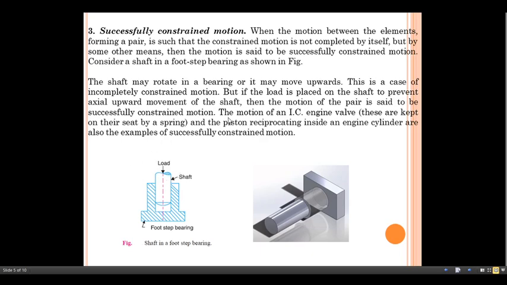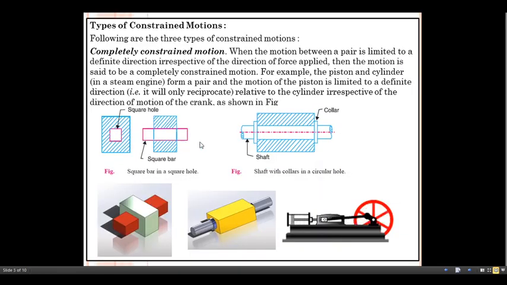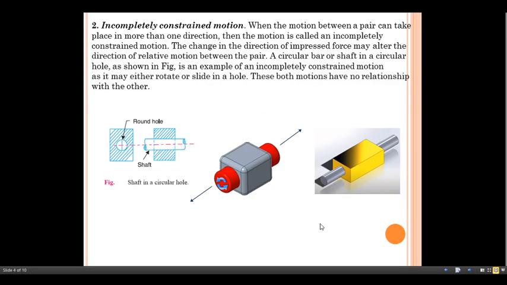Okay, same actually case with the motion of an IC engine valve and the piston reciprocating inside an engine cylinder, which are examples of successfully constrained motion. So already we have seen that case. Okay, here this is the case of successfully constrained motion.